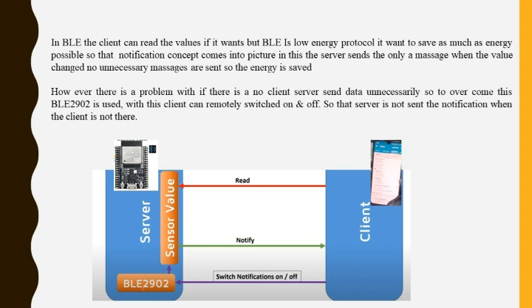However, there is a problem: if there is no client, the server sends the data unnecessarily. To overcome this, BLE 2902 is used. With this, the client can remotely switch notifications on and off, so the server does not send notifications when the client is not there.